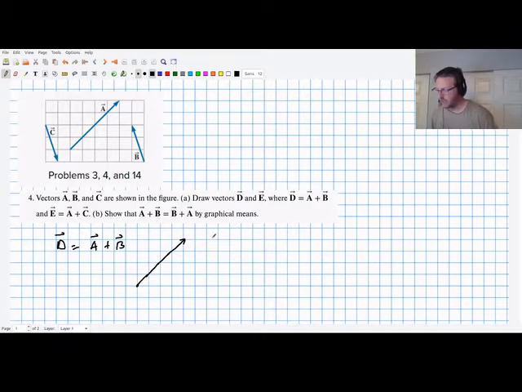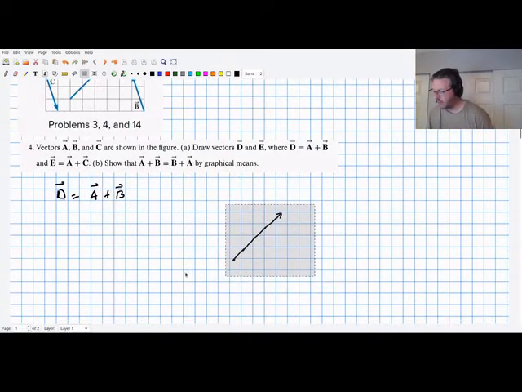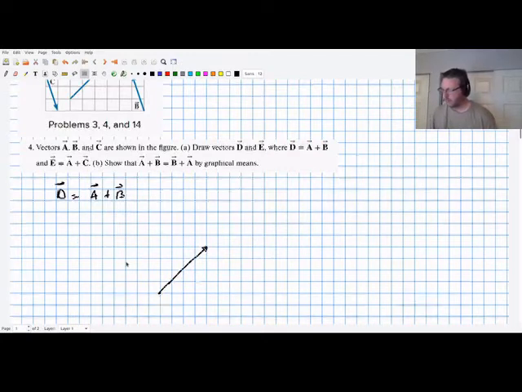I see that I haven't given myself enough room, so I'm going to move that vector so that I do have enough room to fit it in. I'll still make it line up with the grid so that's a little bit easier to deal with.